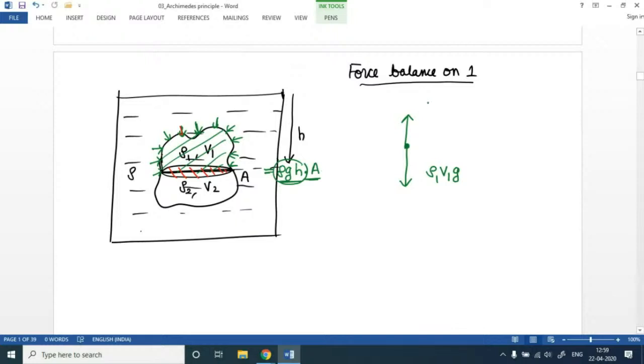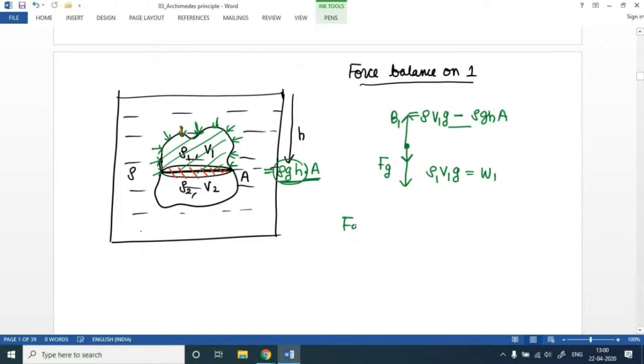The total buoyancy, if it were surrounded by liquid from all sides, would be the weight of displaced liquid, rho V1 g, and we must subtract rho g h into A. Since this body is in equilibrium, kept by that gluing force Fg, we can say this is W1, and this is the effective buoyancy on body 1.